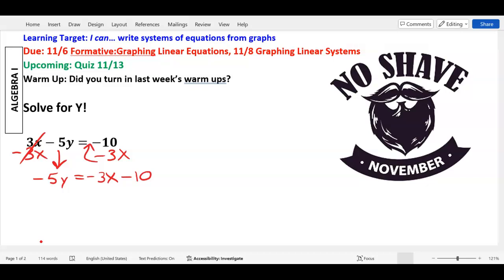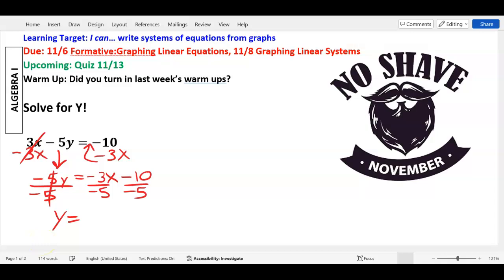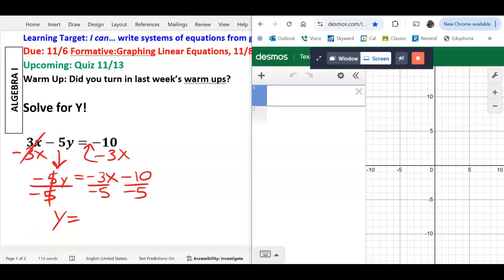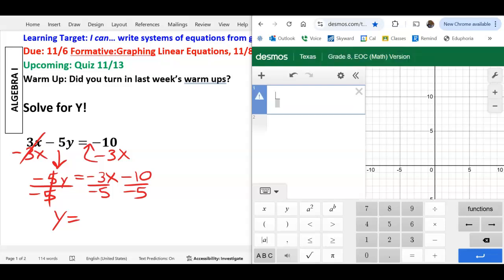Now, last step. To get rid of anything in front of y, we have to divide. Okay, so to get rid of that negative 5, we divide by the exact same number, negative 5. Divide by negative 5. And just a reminder, when you have these fractions, like negative 3 over negative 5, you can just type it into Desmos, negative 3 over negative 5, and then press the fraction button.